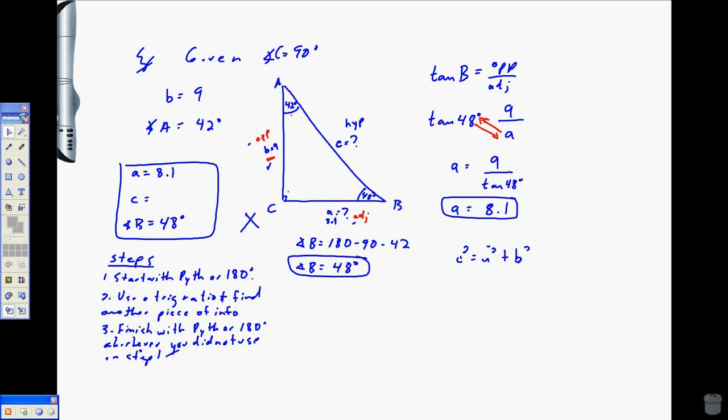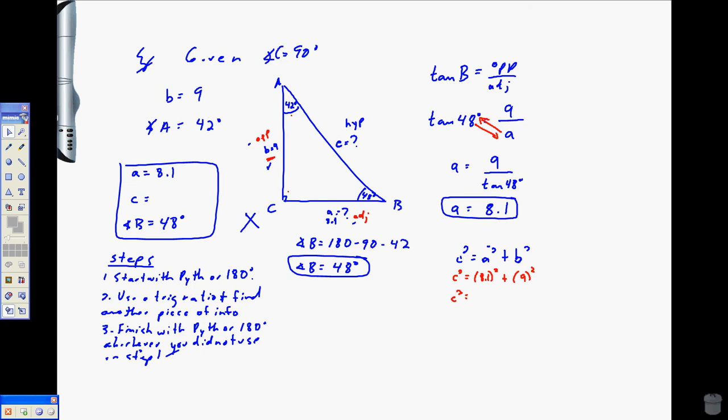Okay, holy moly, my pen is dying here. I'm going to switch over to red. So c squared equals 8.1 squared plus 9 squared. So c squared equals whatever 8.1 squared is. 8.1 squared is 65.61, but I'm not even going to really show that.